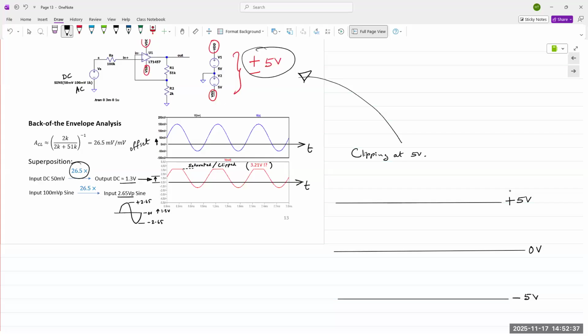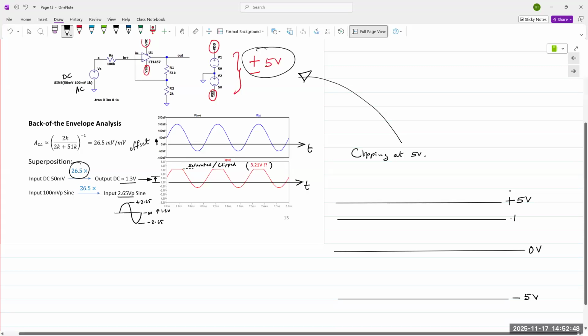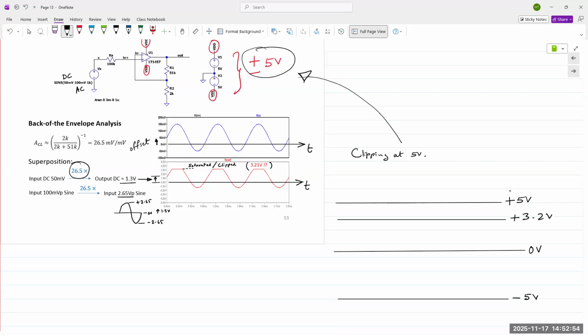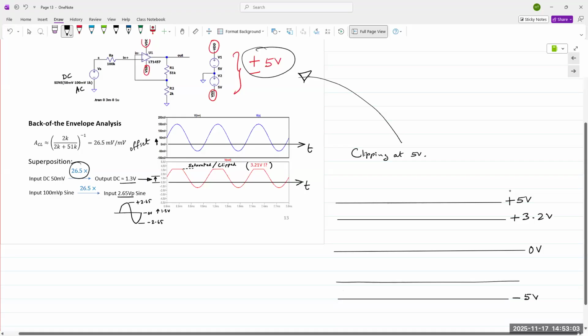And so let's say that is somewhere over here. So let's call this plus 3.2. And this is minus 3.2.